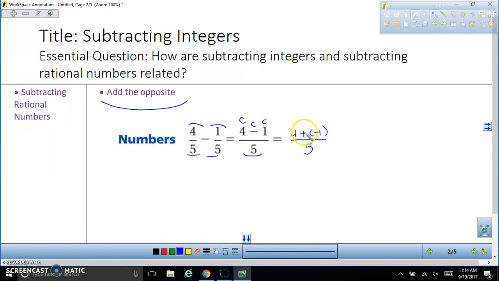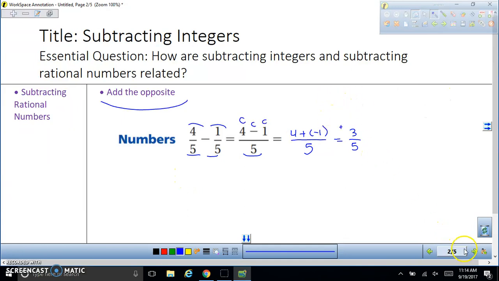Now we're adding the opposite, and we're ready. Which one's further from 0? 4 or negative 1? 4 is further from 0, so the answer is going to be positive. 4 minus 1 is 3. And we're done, because this can't be reduced.